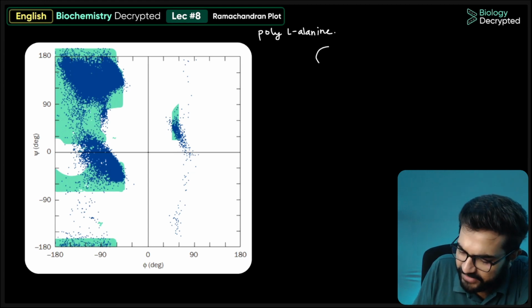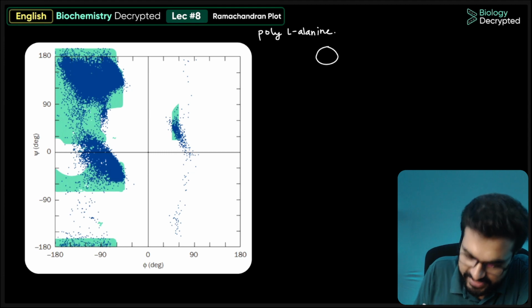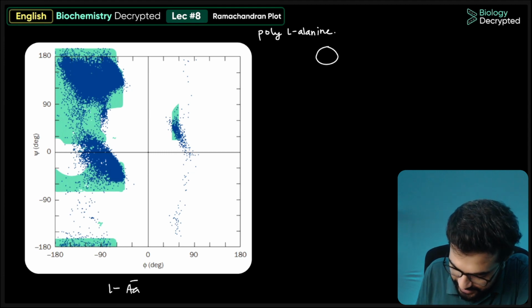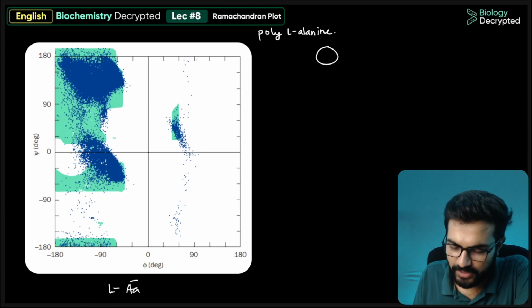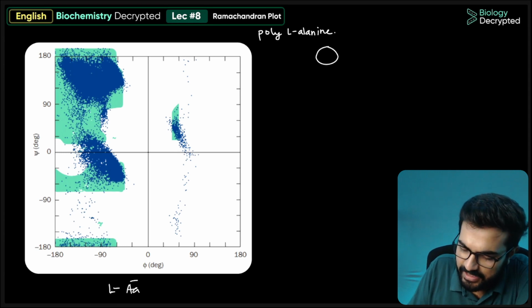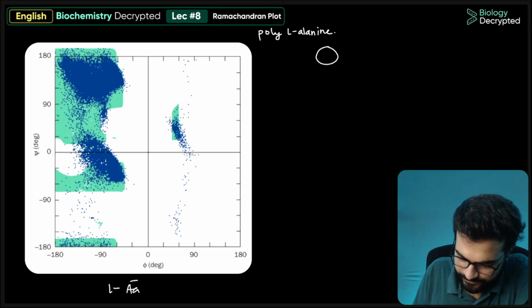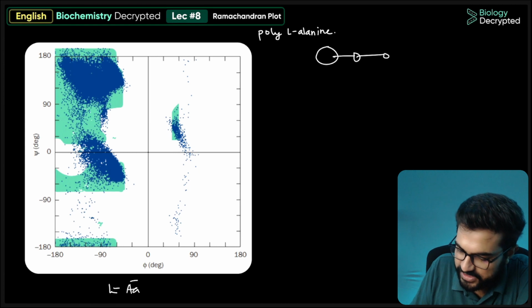For example, you have L amino acids, and obviously you have a polypeptide. You have polypeptides, and these are polymers like this. For example, in a continuous manner, you have alanine, alanine, alanine, alanine, alanine, like this.